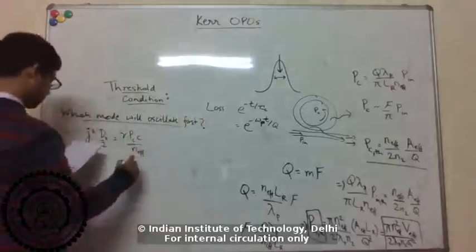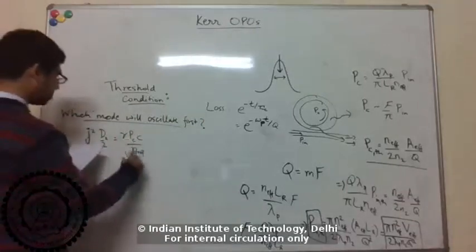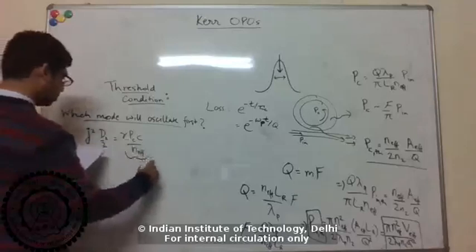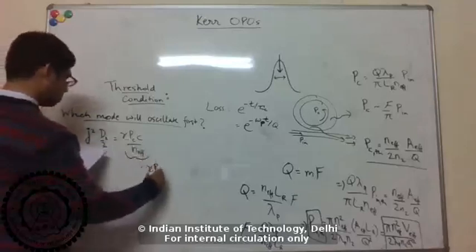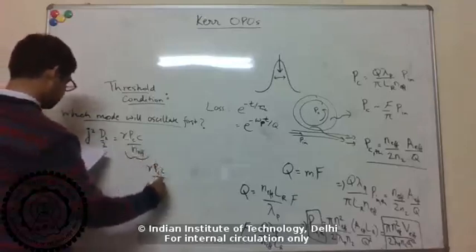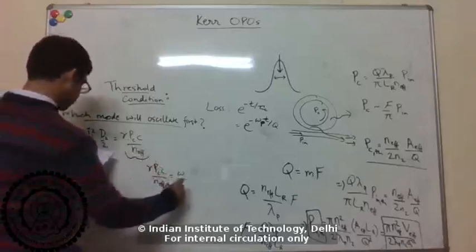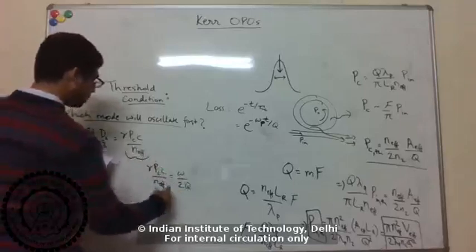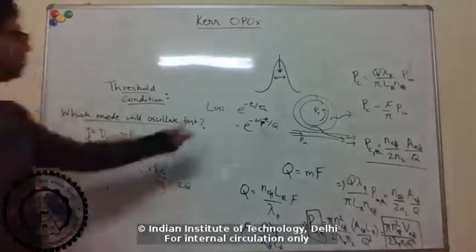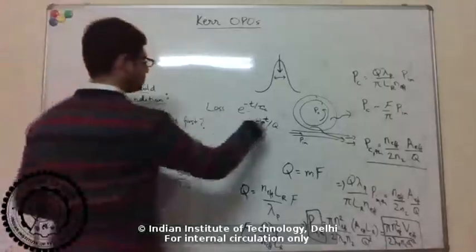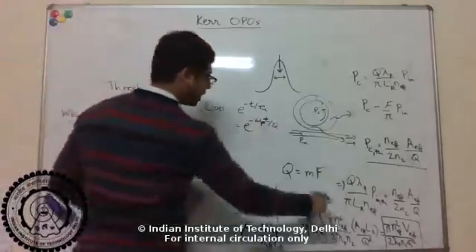But we know that this gamma p c over n effective is just omega over 2Q. That comes from this gain-loss balance, right? Remember this. That's why we started this derivation.